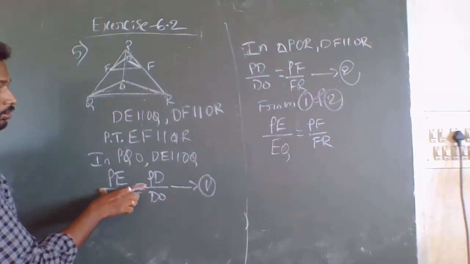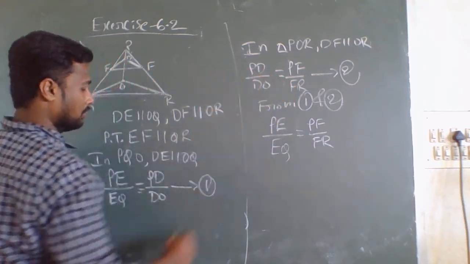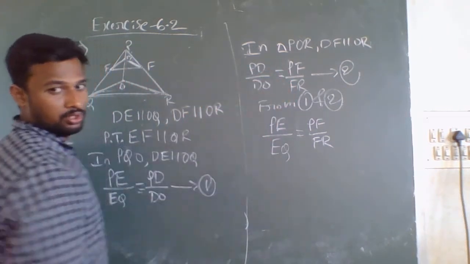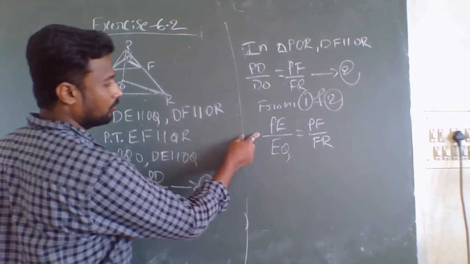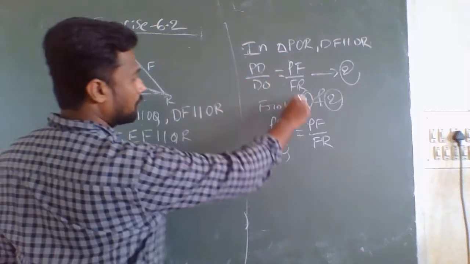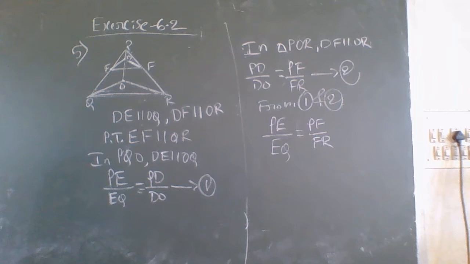PE by EQ is equal to PD by DO, and PF by FR is equal to PD by DO. Therefore, from 1 and 2, we can write PE by EQ is equal to PF by FR, because these two are equal to PD by DO only.